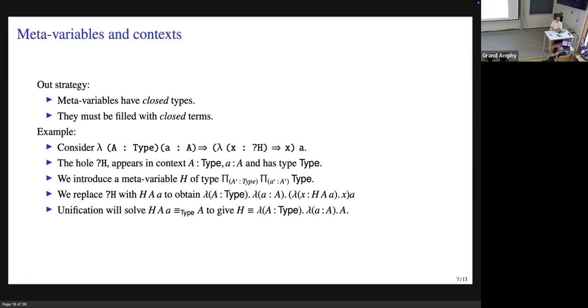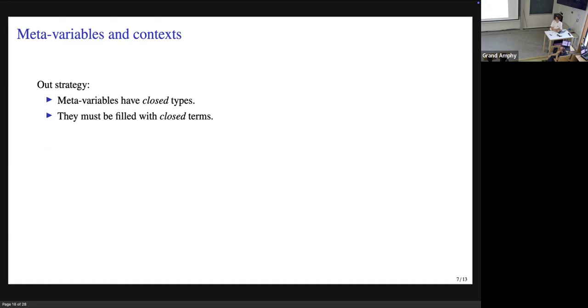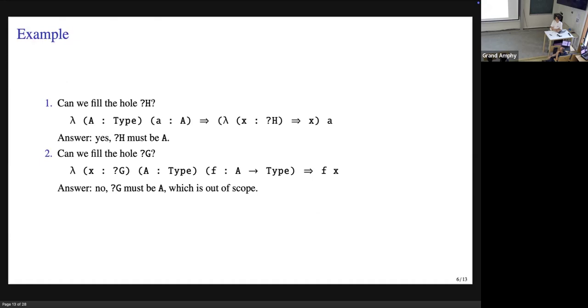I'm still kind of thinking about G that wasn't solvable. The G bothers you. Yeah, I was wondering if maybe there is a world where it's okay to solve G for A, because maybe that's what the user wanted, or is this really something that we never want to do? Well, okay, so I think it doesn't make sense to say that G is equal to A because that's not well scoped.